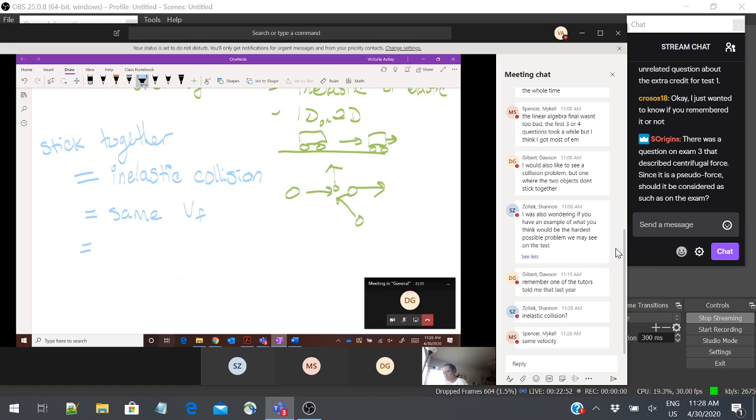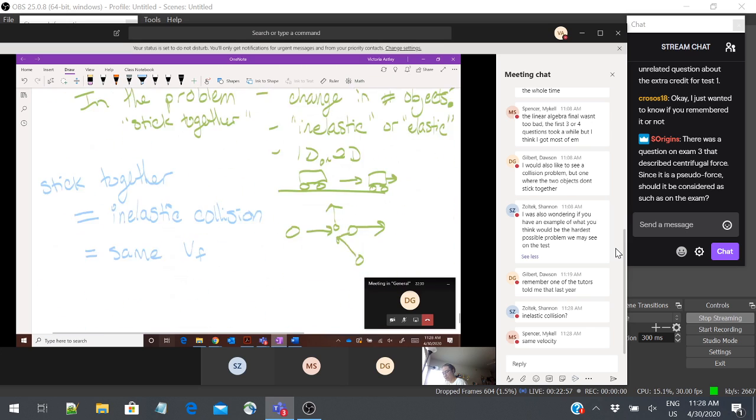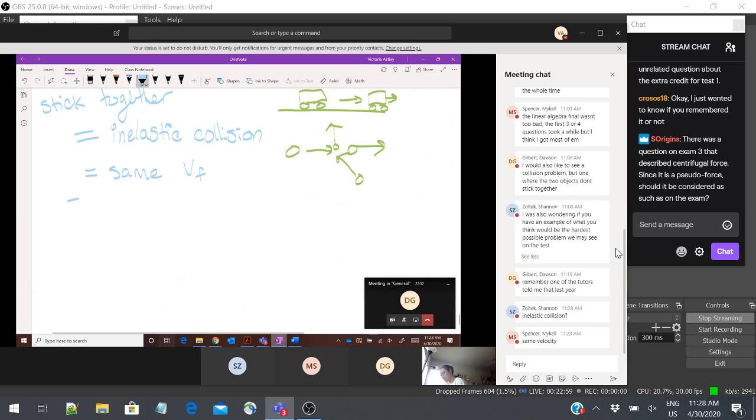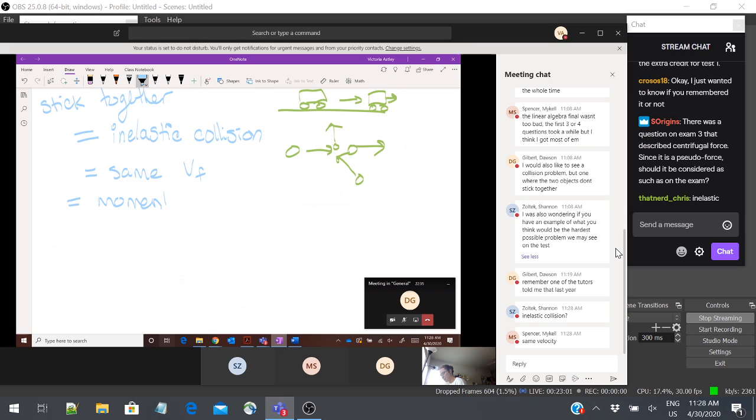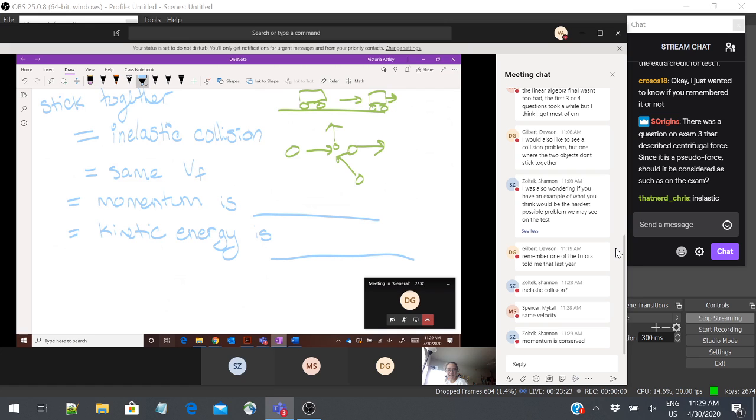Okay. Now, collisions include two things, momentum and energy. Do we know anything about the momentum? And do we know anything about the kinetic energy? Yep, same final velocity, good. Momentum is conserved, yep.